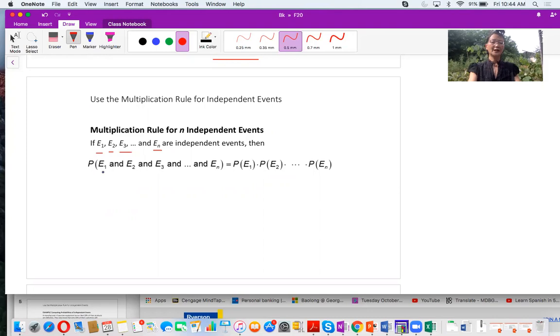Then the probability of E1 and E2 and E3 until En equals the probability of E1 times the probability of E2, etc., times the probability of En. So that is the multiplication rule for n independent events.